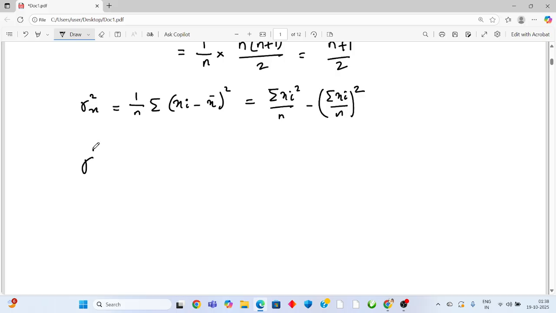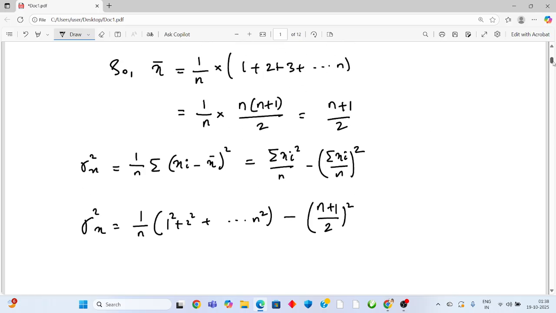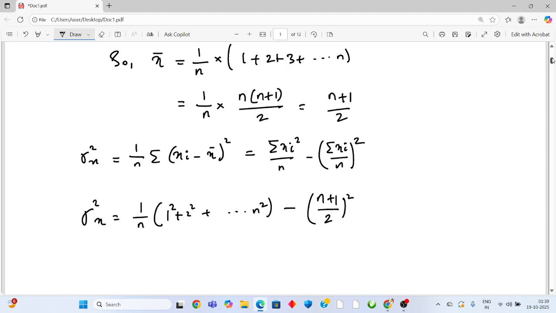Now, to calculate sigma square x, we first have to calculate summation xi square. So 1 by n times 1 square plus 2 square up to n square, minus summation xi by n, which is the mean. That's why we can easily write this as n plus 1 by 2 whole square, as x bar is n plus 1 by 2, which is summation xi by n, right?